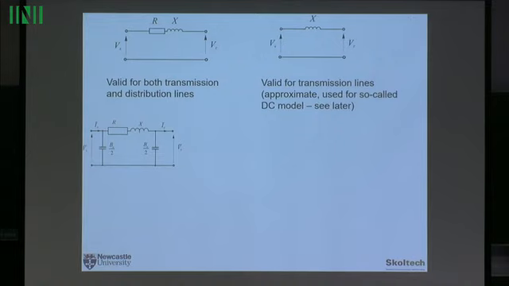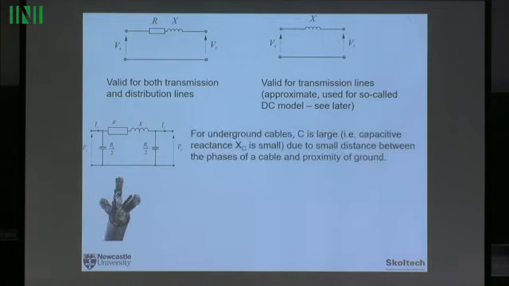But for some analysis it is useful. If we look at underground cables, we have to use both, and also a representation of the capacitance, because the cable is running underground. The cables themselves are close to each other, whereas transmission lines are several meters apart, and around the cable is earth. So the distance is very small.